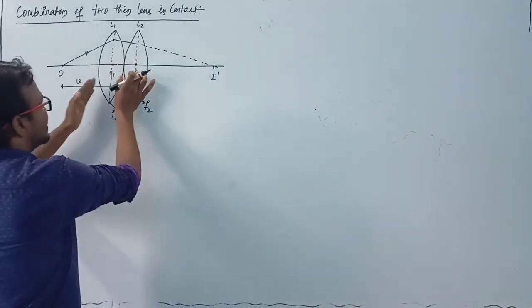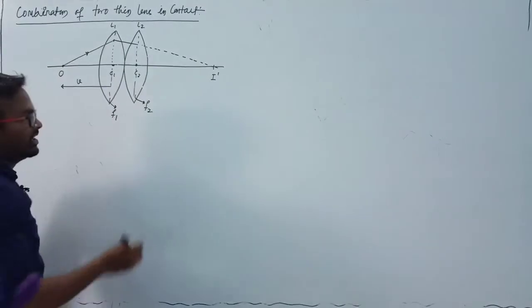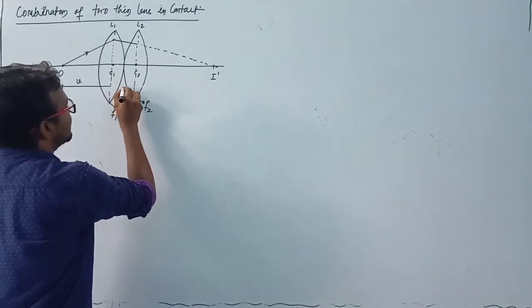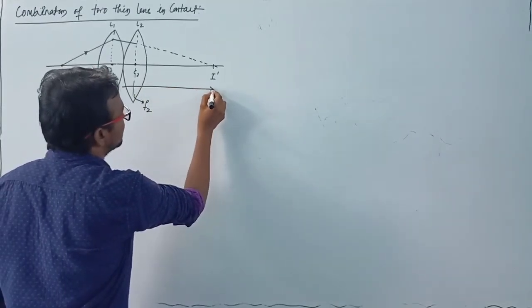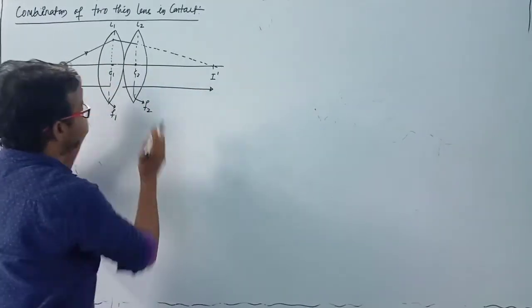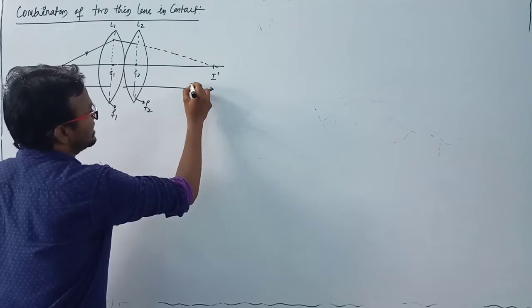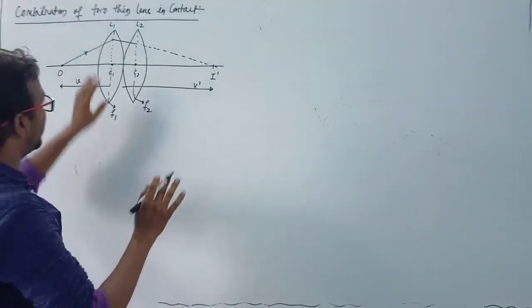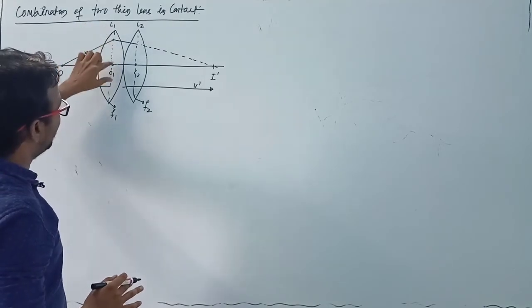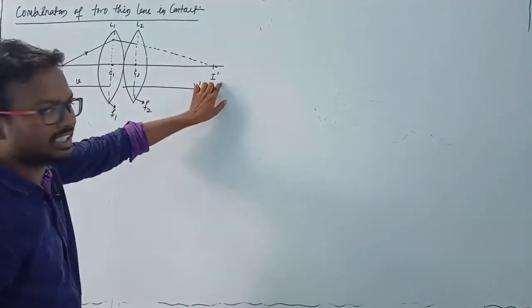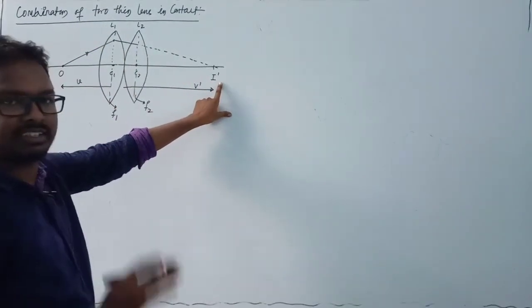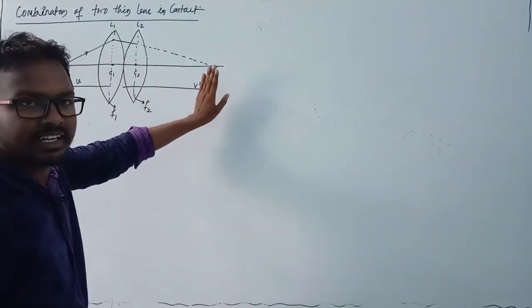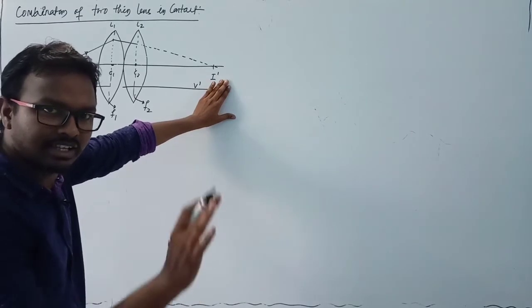But these two lenses are very thin, so measuring from a common point, suppose this distance is v dash. For lens L1, this is the object and this is the final image, which is a real image that meets on the principal axis at point I dash.